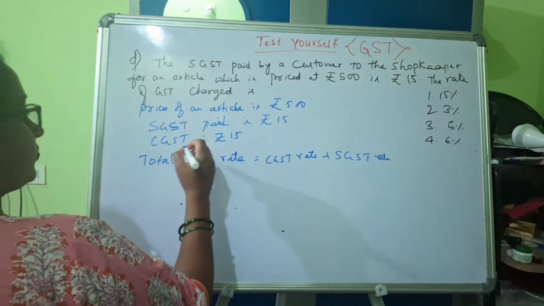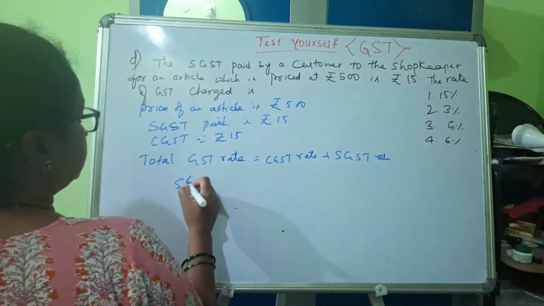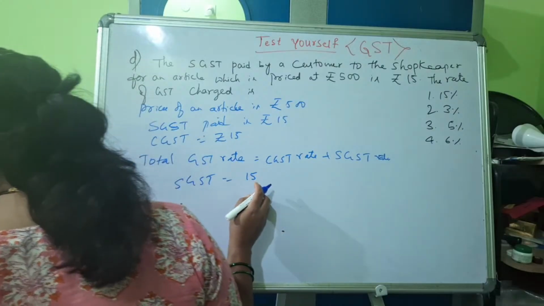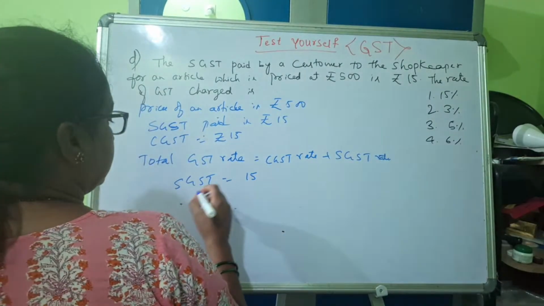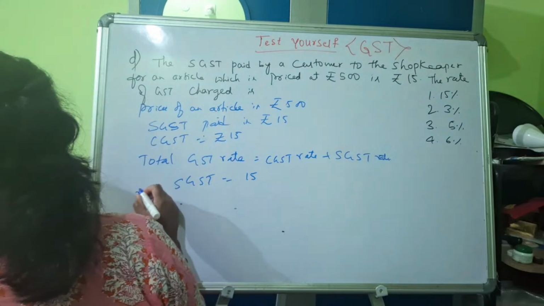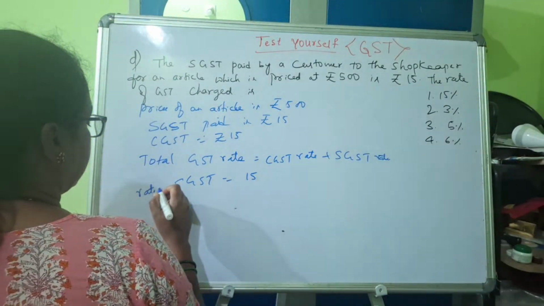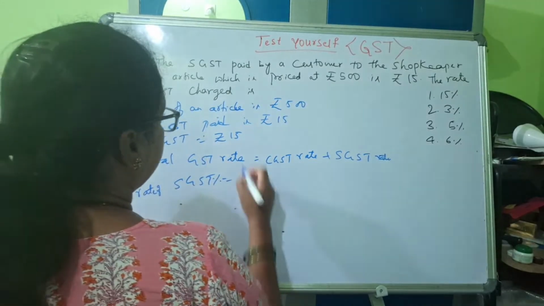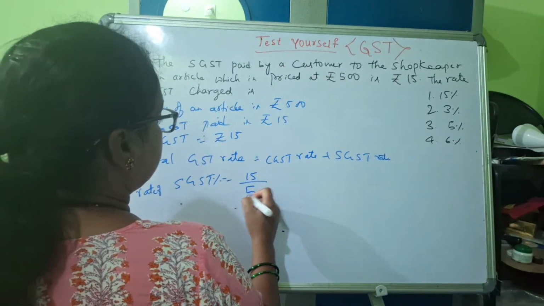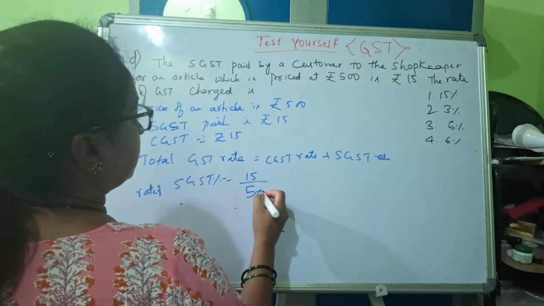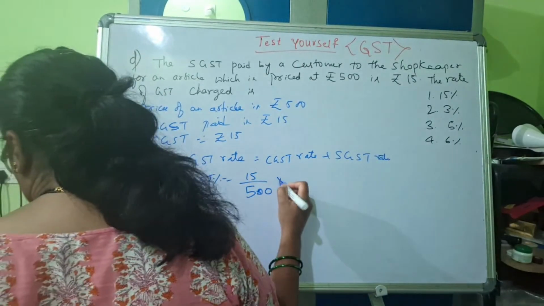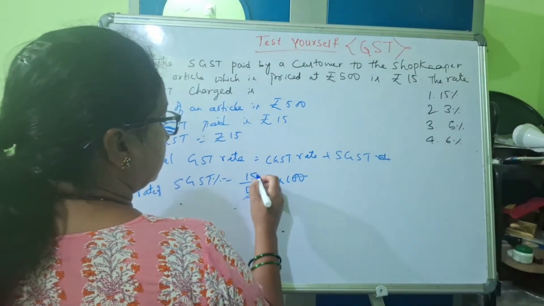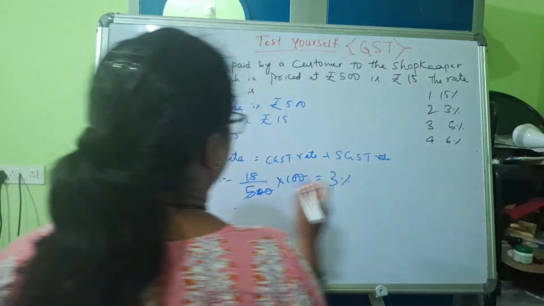So here, if SGST is rupees 15, then the rate of SGST, or SGST percent, is equal to 15 divided by the amount paid by the shopkeeper, that is 500, into 100, which is equal to 3%.